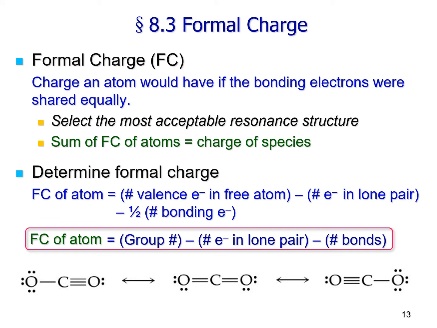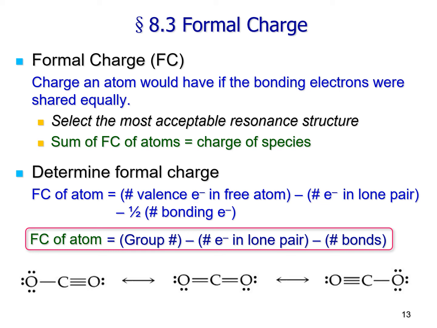And there's also a trick for the formal charge of an atom. When we add up the formal charge of all atoms together, it should be the charge of the species. Why can't I say molecule? Because we could have polyatomic ions as well. If we talk about a molecule, the overall charge or the sum of formal charges from each atom must be 0.